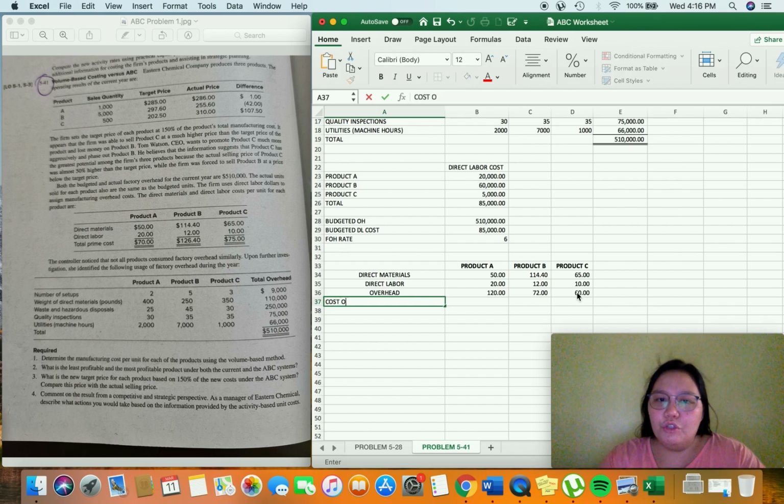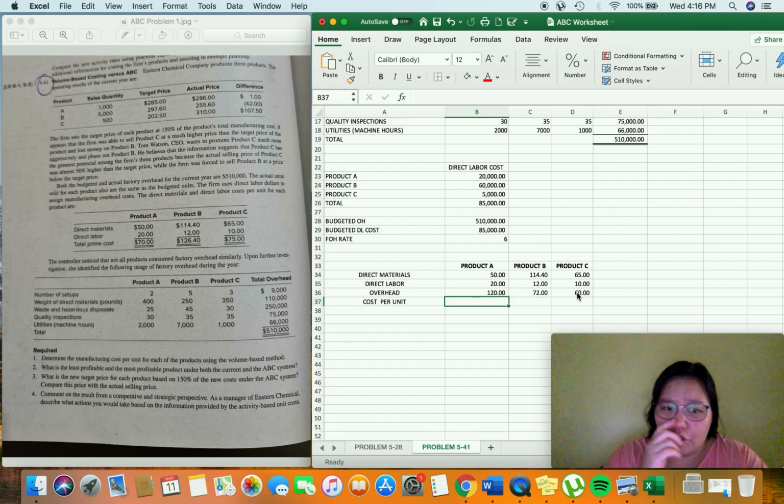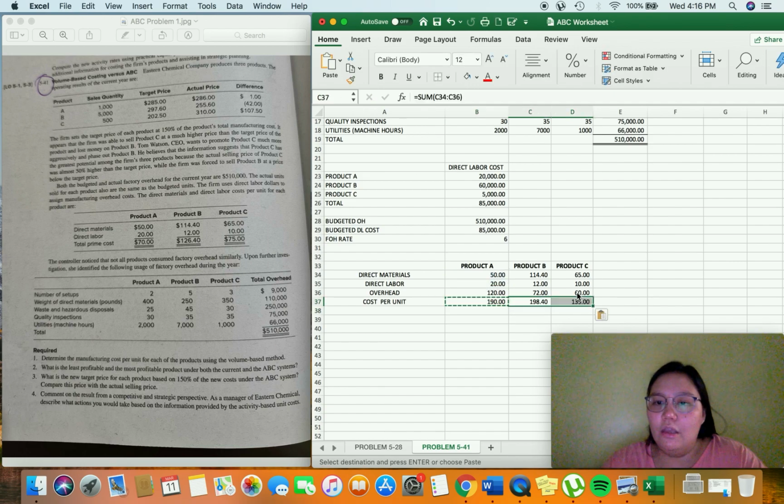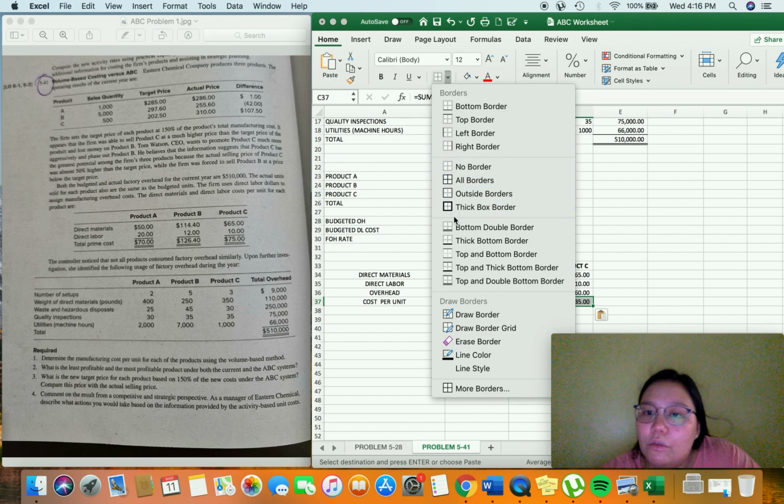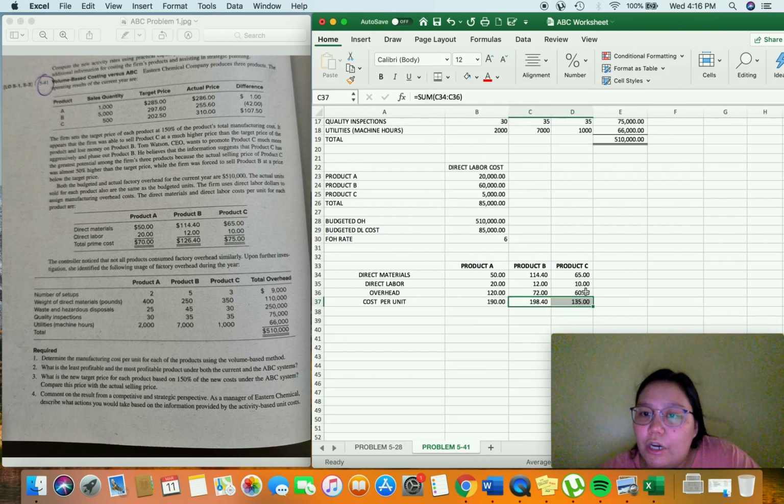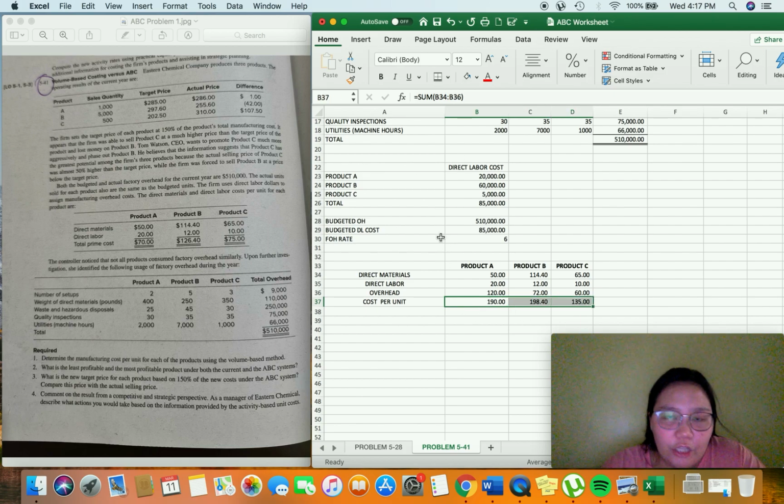So our cost per unit under the volume-based method is equal to 190 for product A, 198.4 for product B, and 135 for product C. So that is our answer for number 1.